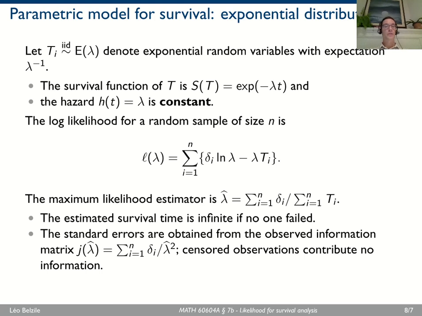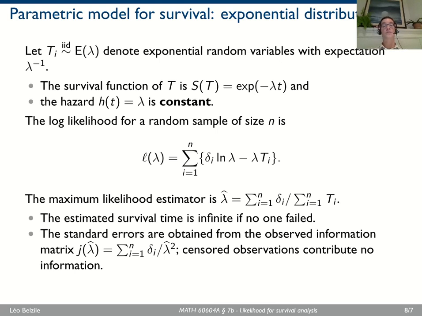I'm going to assume that my failure times are exponential, so they're independent and all have the same exponential distribution, parameterized in terms of rate. So the expectation is 1 over lambda here. The survival function I can write down: exponential of minus lambda t. If I write down the hazard, it's little f of t, the density, divided by the survival function.